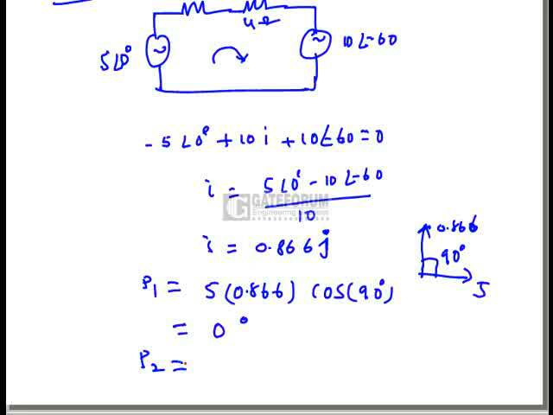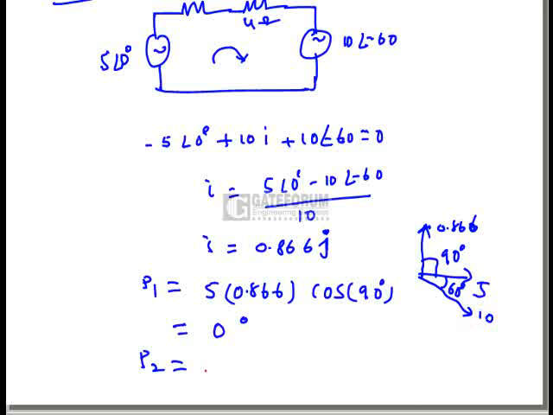Now coming to the power delivered by source 2. What is the relationship between the voltage 5 at an angle 0 and 10 at an angle minus 60? The second voltage lags by 60 degrees.